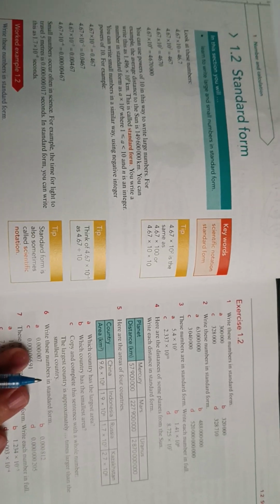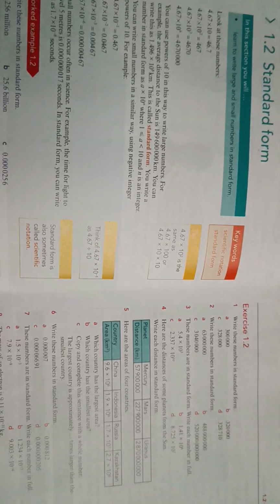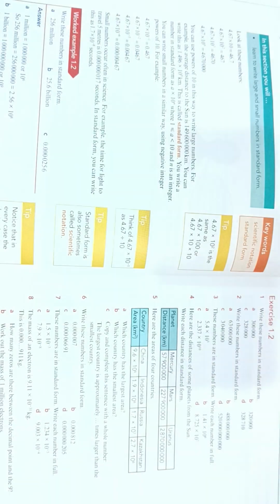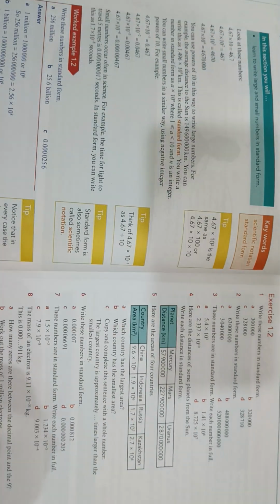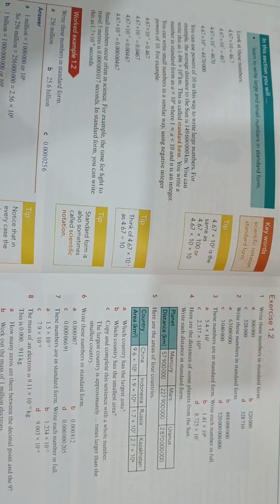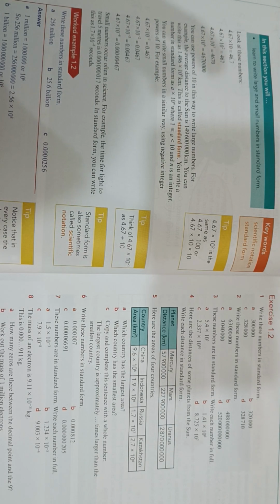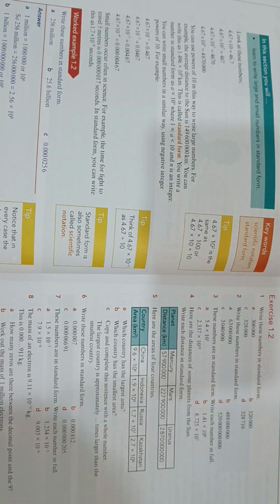All right. Great. So here it's also given as a tip that standard form is also sometimes called scientific notation. So whenever we mention standard form, it means the scientific notation as well.